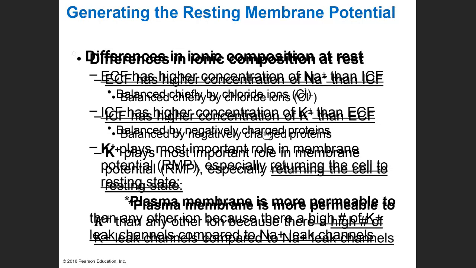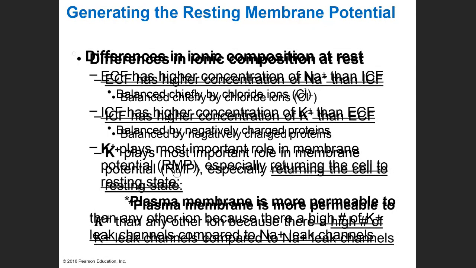Something else that's negatively charged that you're going to find a lot of inside of the cell is phosphates. Remember ATP? The phosphates that are attached to ATP are negatively charged, and the ATP stays inside the cell. So that's going to help keep that potassium inside at rest. Keep in mind, this is the situation at rest.